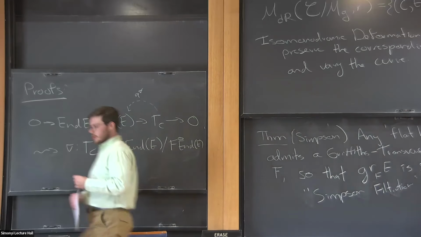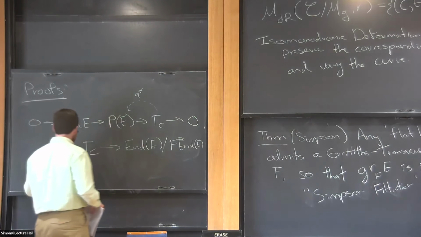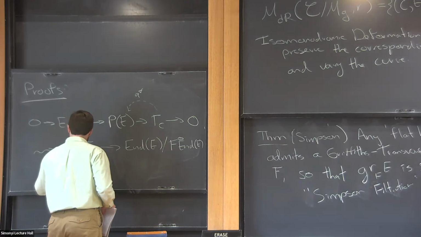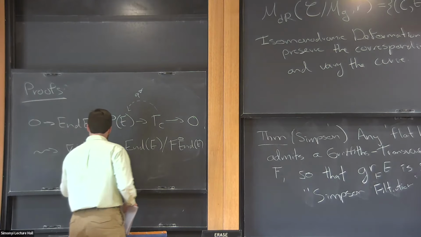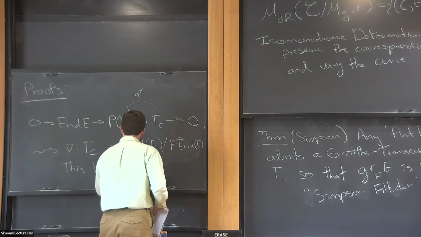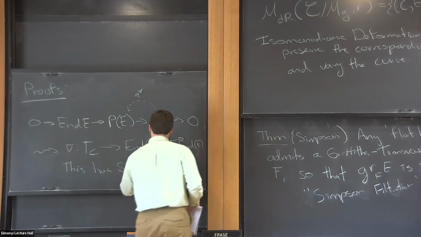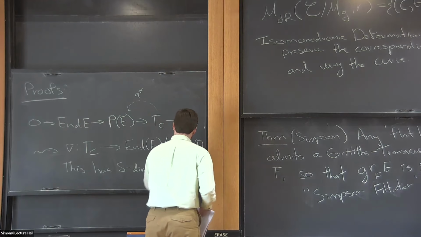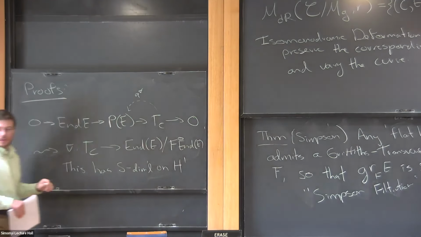And moreover, the assumption about where this happens is that this map has delta dimensional image on first homology.